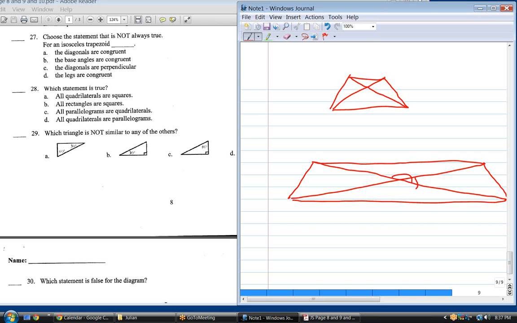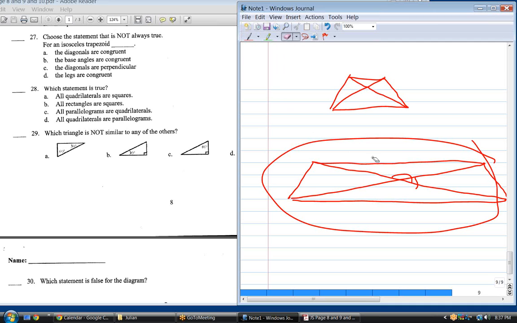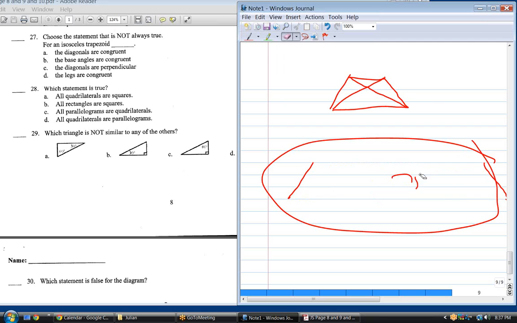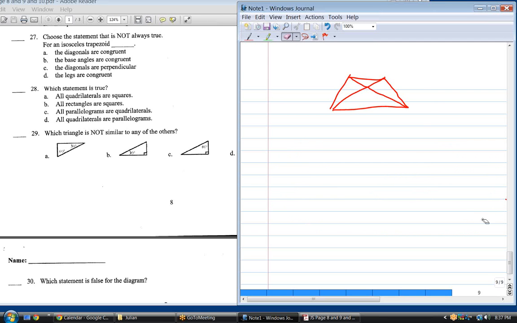But that's not enough to decide they're perpendicular. If you really want to see if they are, draw it in this mode here, and you'll see for sure that they're not. That's usually the way to handle any kind of problem like that: don't just draw it at one scale to determine.